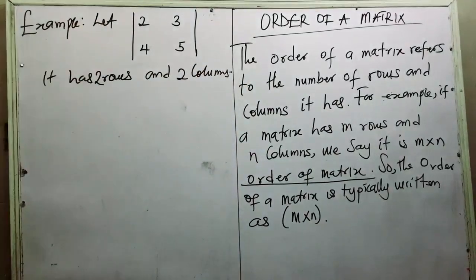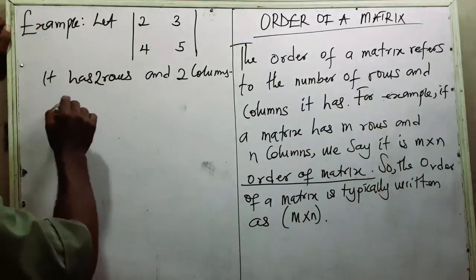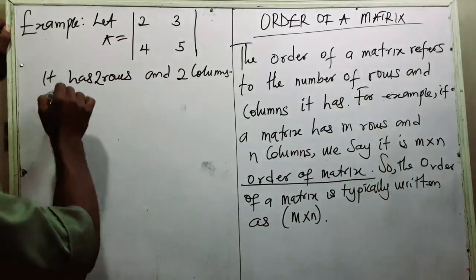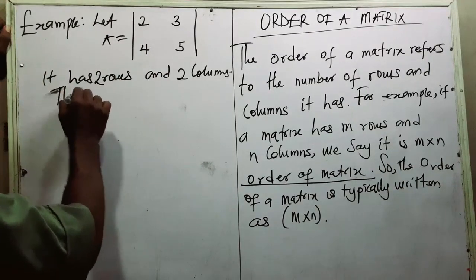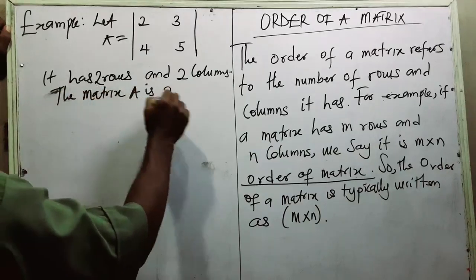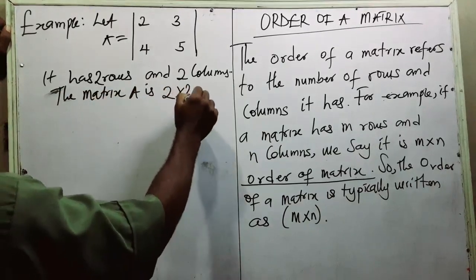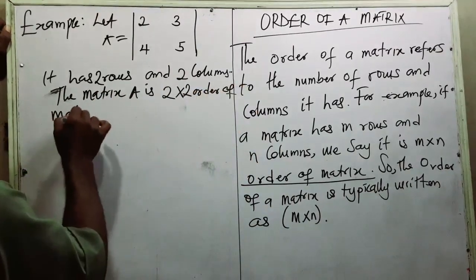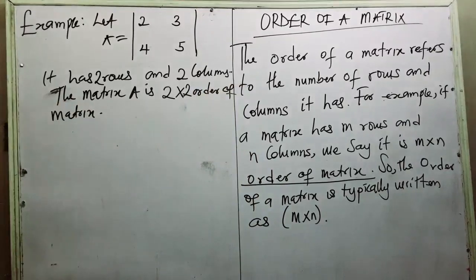So if you are to mention the order of this matrix, let's put A is equal to the matrix. Matrix A is a 2 by 2 order of matrix. So that is how we name it. We say 2 by 2 order of a matrix.